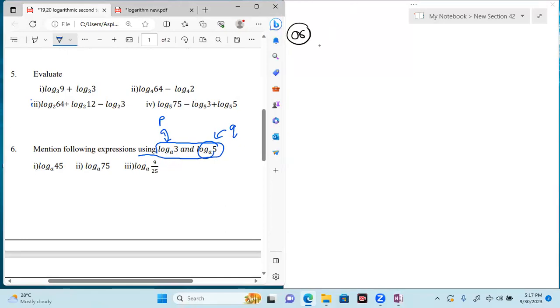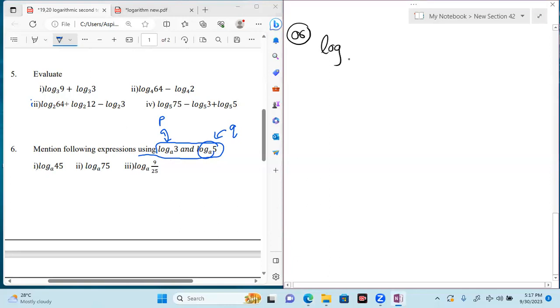Look here. To express this logarithm of 45 to the base a, you have to express 45 in terms of 3 and 5. To identify this, you can divide it by 3 and 5 only.